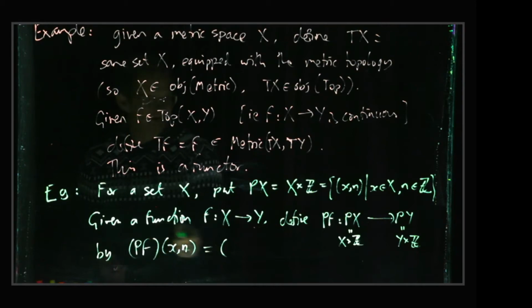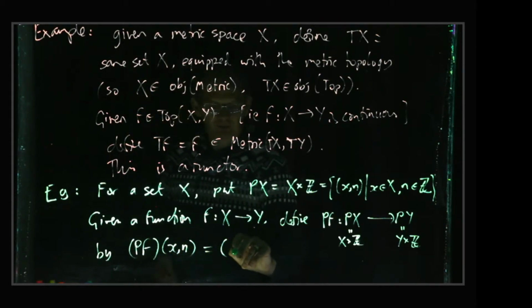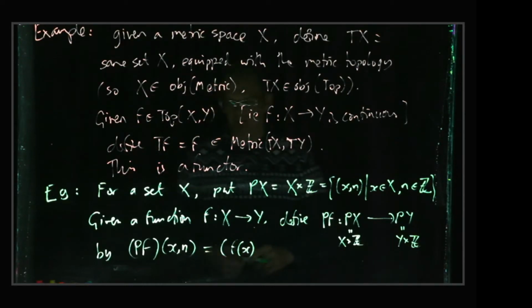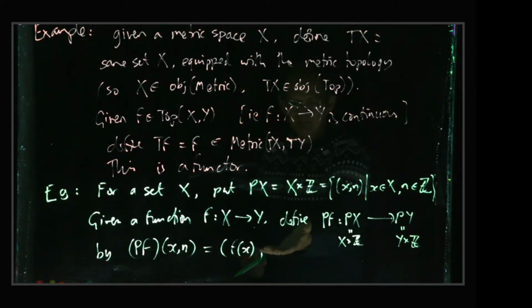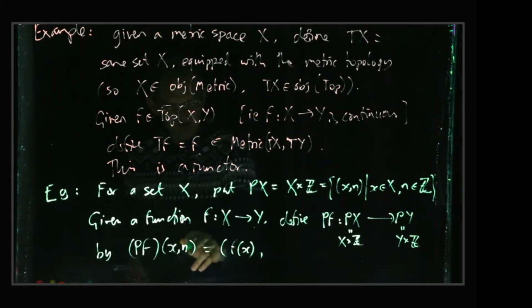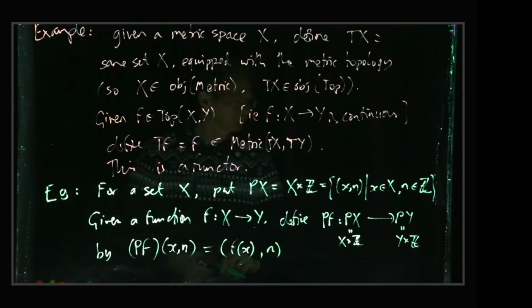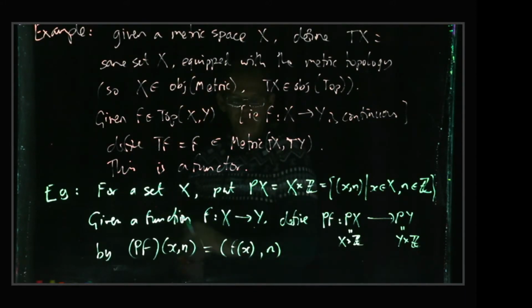What we have to do is just take the function f from X to Y and apply it to x, right? So we've got f of x here. That's the only element of Y that we know how to produce. And then the second component has to be an integer, and the simplest way to produce an integer is just to use this n that we've already got. Okay, so that's going to be our definition of Pf.